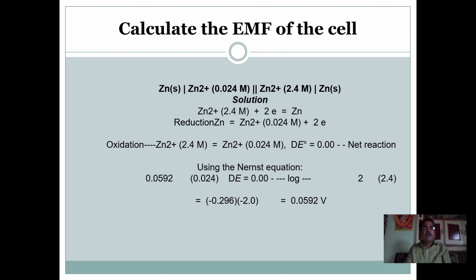So in this cell, the oxidation reaction is copper solid producing Cu²⁺ ion, and therefore the change in EMF for this net reaction is 0.0, because the Zn²⁺ solution has concentration 2.4 mole. Using the Nernst equation, 0.0592.